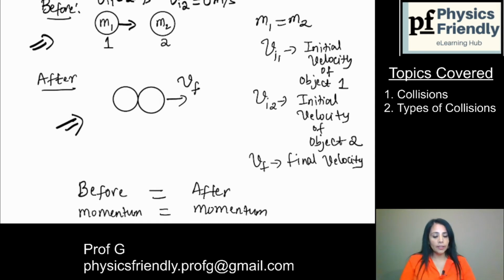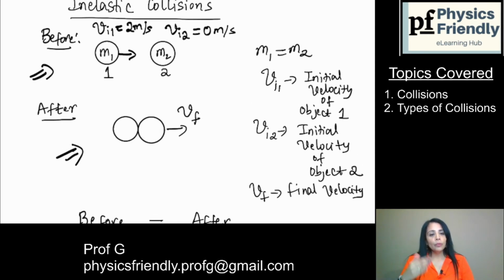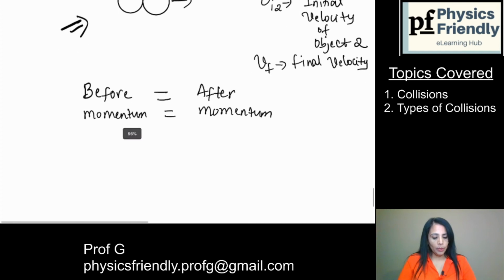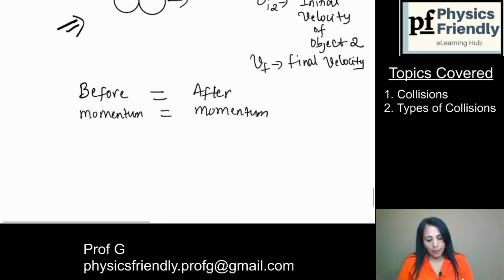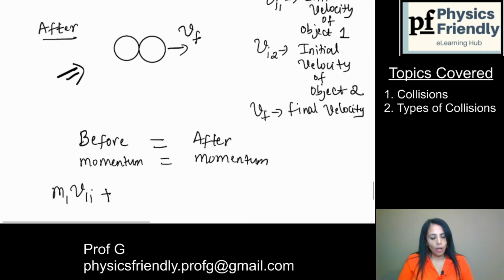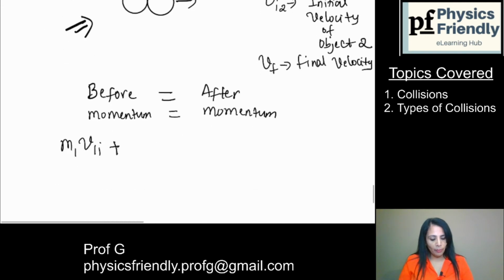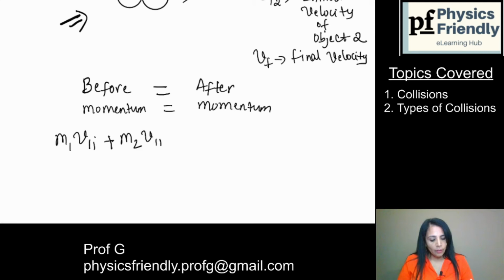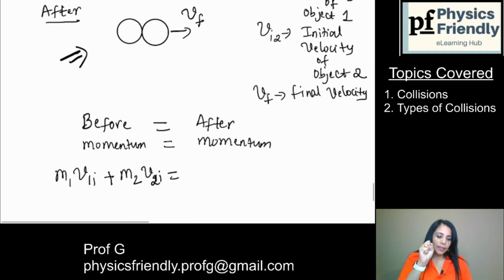Let's take one thing at a time just to make it easier. So before collision, here is the picture. Object 1 moving with certain velocity, object 2 is at rest. So I'm going to come back to my equation here. I have m1 v1i, where m1 stands for mass of object 1 and v1i stands for initial velocity of object 1, plus object 2 is at rest, so I have m2 v2i, equals, now after collision they both stick together as we can see here.